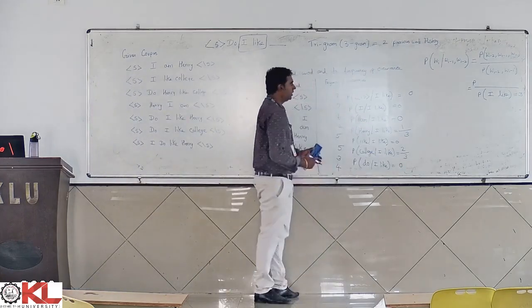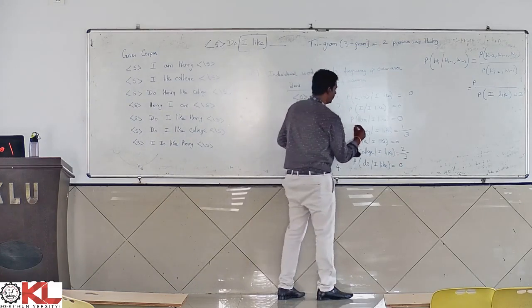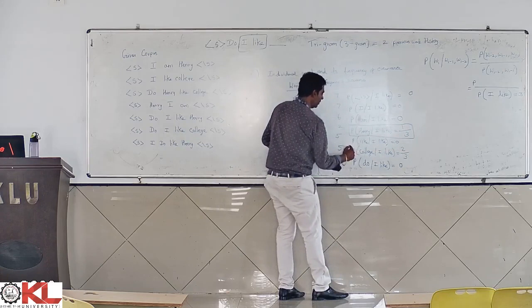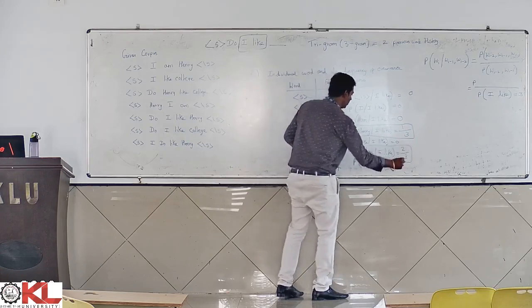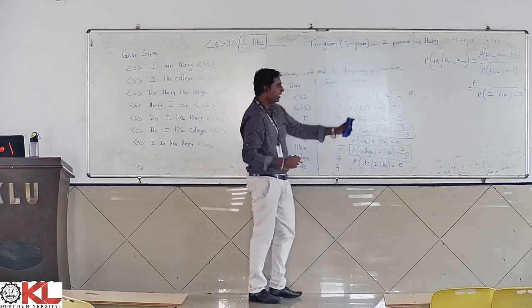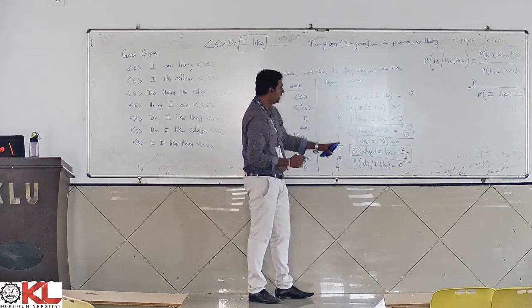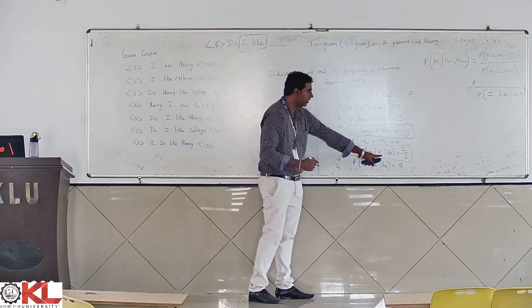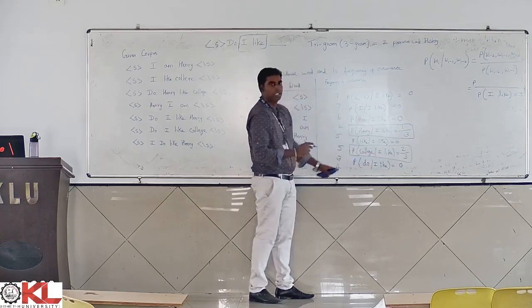So here only two probabilities occur. One is the probability of occurrence of the word "Henry" after the sequence "I like", and the next is the probability of occurrence of the word "college" after "I like". Which one is most common?